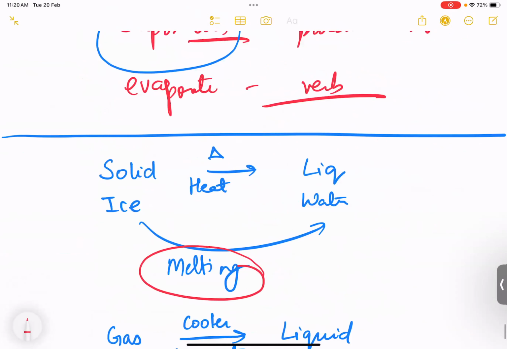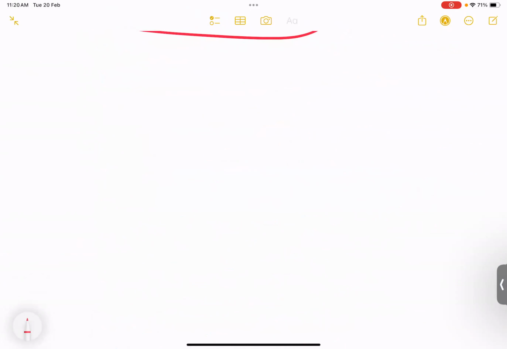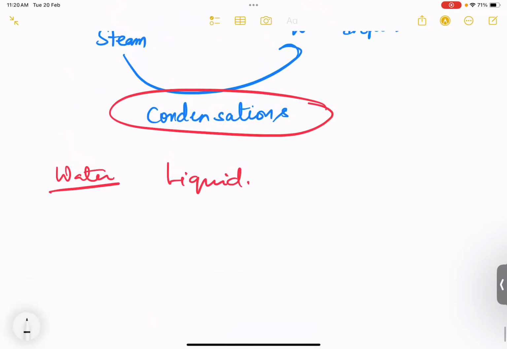If we do the particle model, we will see how exactly this happens. Since we are concentrating only on water, which is a liquid, let me draw the particle model of a liquid.